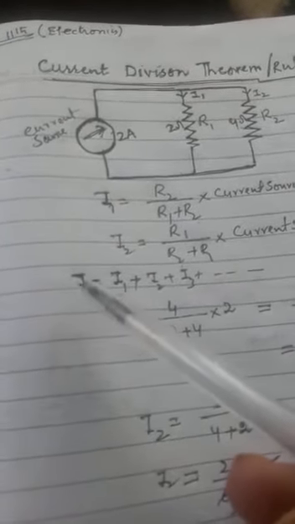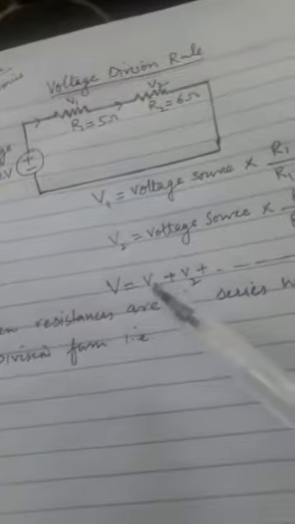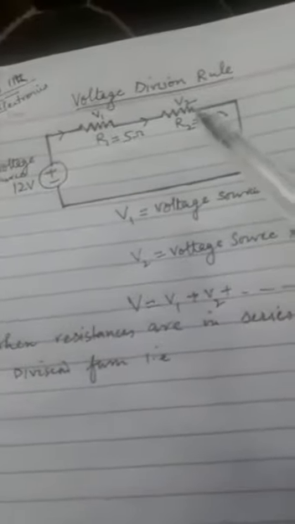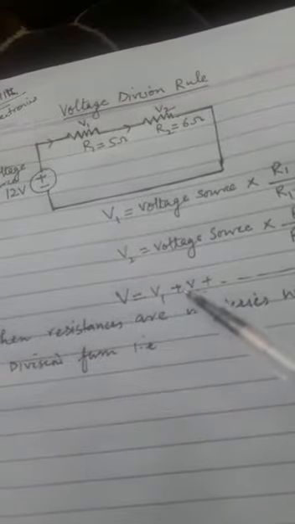But here I am telling you, when the resistance is connected in series, voltage is being taken in division. That means V is equal to V1 plus V2 plus V3. This was the main thing which I wish to discuss again.